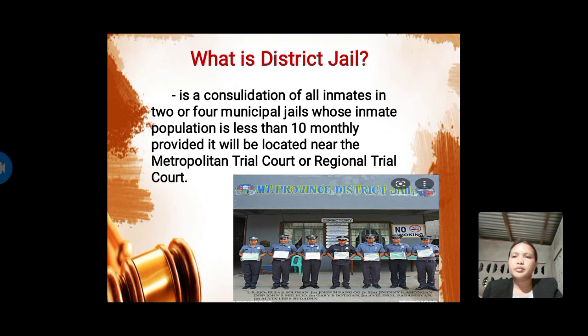So what is a district jail? This is a consolidation of all inmates in two or four municipal jails whose inmate population is less than 10 monthly, provided it will be located near the Metropolitan Trial Court or Regional Trial Court.